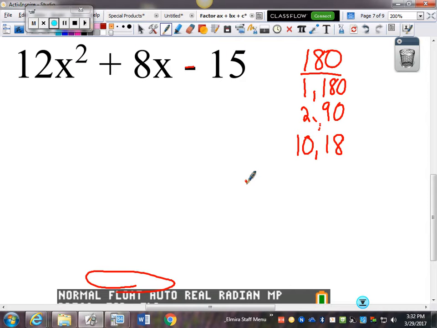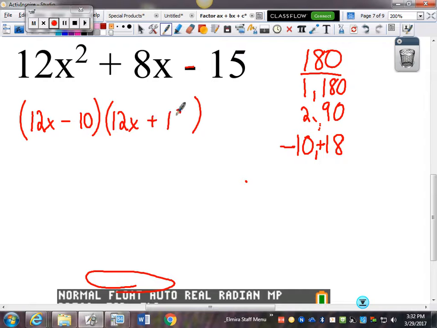Okay, so how do I make a plus 8 with a minus 10 and a plus 18? So now I'm going to write two binomial pairs. Put a 12x in both of them. Then make one of them minus 10 and one of them plus 18. And then now we're going to factor this. Now each one of these factors, but they don't factor by 12.